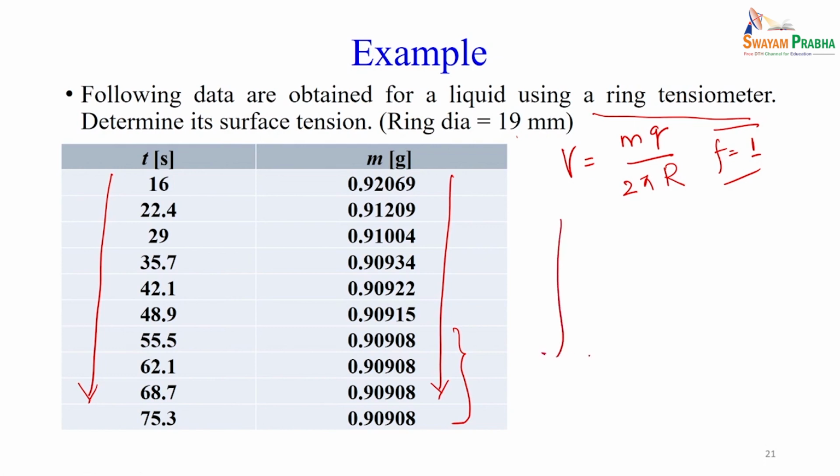So, if you plot the value of surface tension versus time, it will be like this. It will start from here, and because of some equilibrium it will reach the static or the equilibrium surface tension.